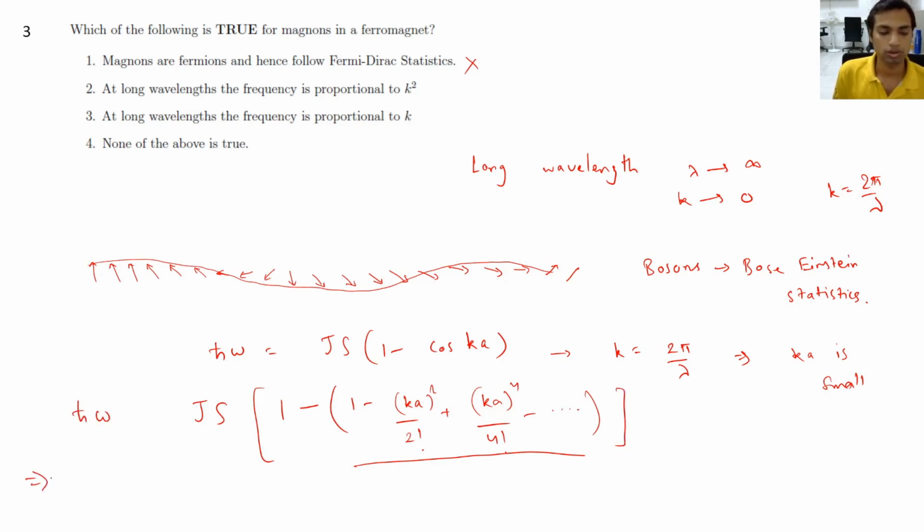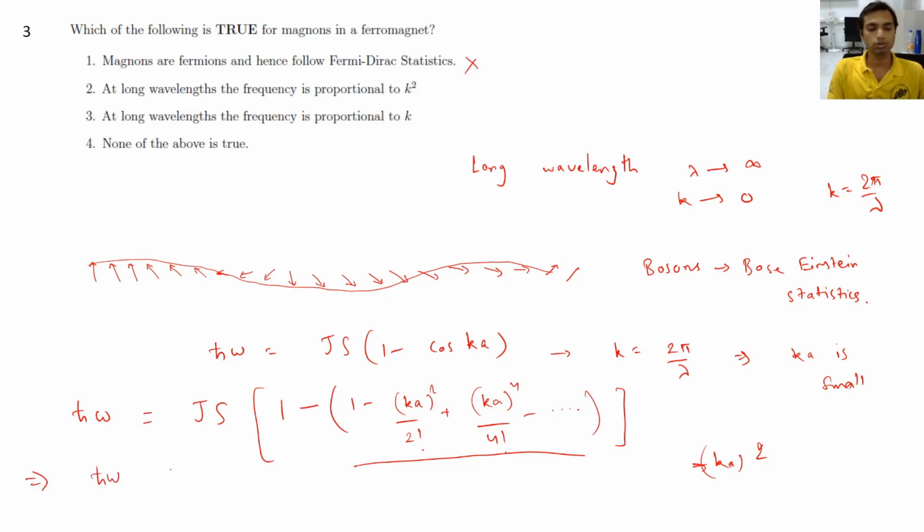Now this 1 will cancel this 1, and we keep terms up to the order (ka) squared. We keep terms up to this order and neglect the higher order terms because ka is really small. Since it is small, we can neglect higher order terms; its square will become still smaller.